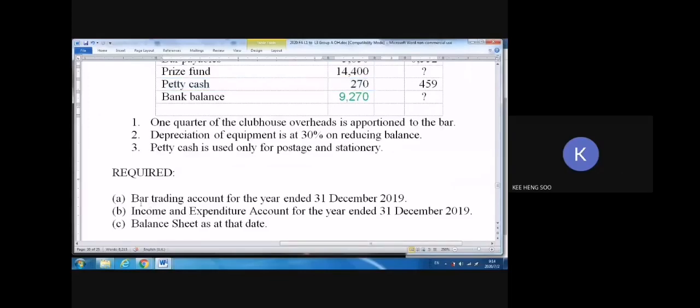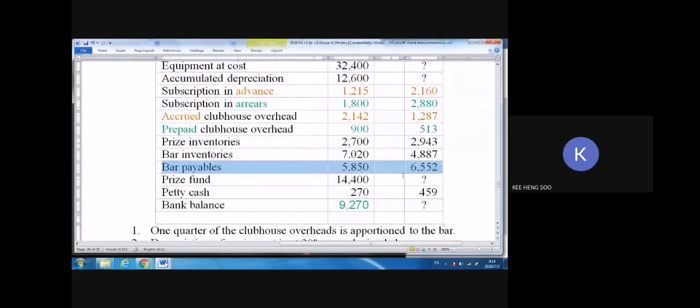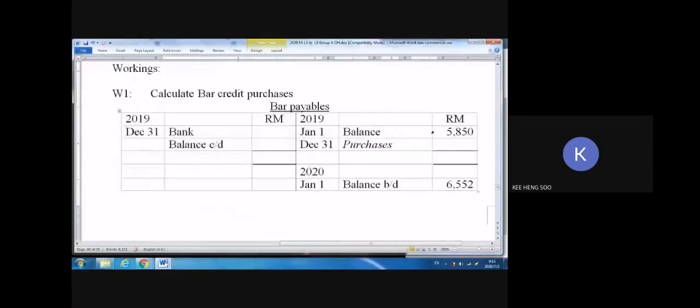So you are required to prepare the bar trading. But before you start bar trading, you need to prepare the bar payable. This is your bar payable, this one also liability. Look at here, liability 5850 and 6552 already given to you.